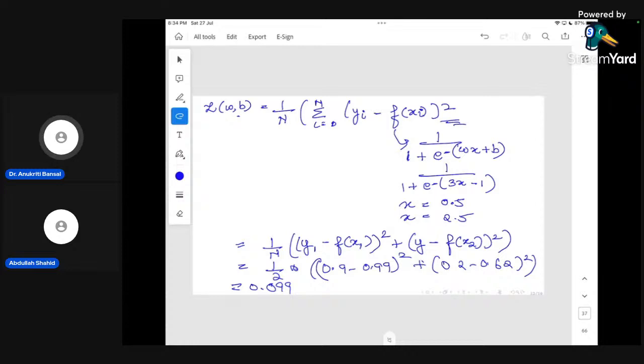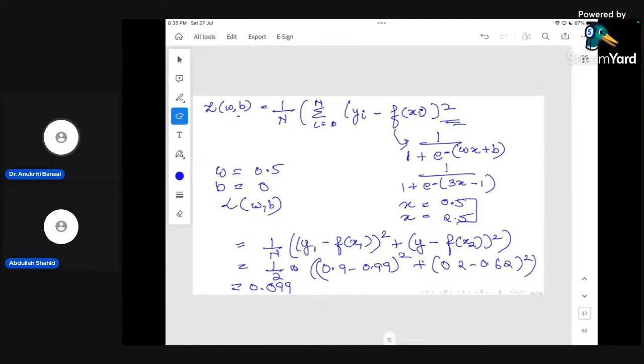I will again try with another value of W and B, and find out the loss for these two values. Suppose next time I take a random guess, W equals 0.5 and B equals 0. And then again I calculate the loss with respect to W and B. So can anyone tell me how many times I have to do this and see whether this loss is smaller and smaller?